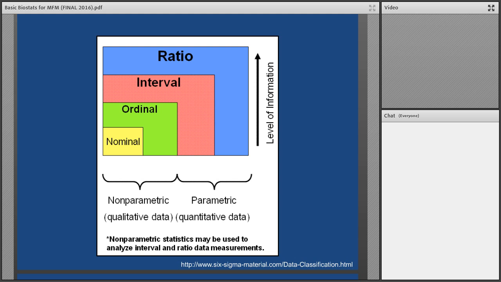Whereas interval and ratio data, we can apply parametric statistical tests to it and get a higher level of information and inference from that. You can also use non-parametric tests for interval and ratio data. Doesn't mean that you can't use those types of data, but you can't use parametric tests for nominal and ordinal data.